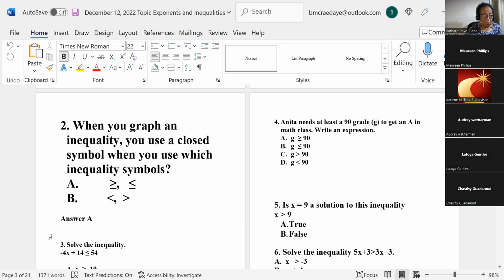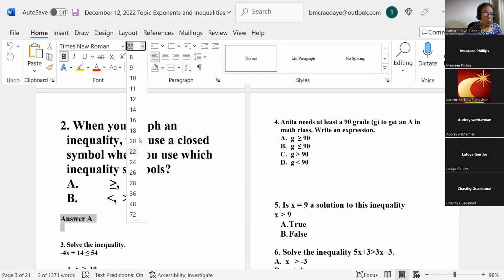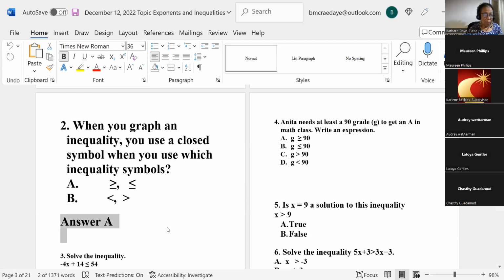So remember that when you graph these, if the inequality is a greater than or equal or less than or equal, then you have a closed symbol. And sometimes you say shaded. It could be a circle, it could be a rectangle, but whatever shape it is, it's filled in, closed.